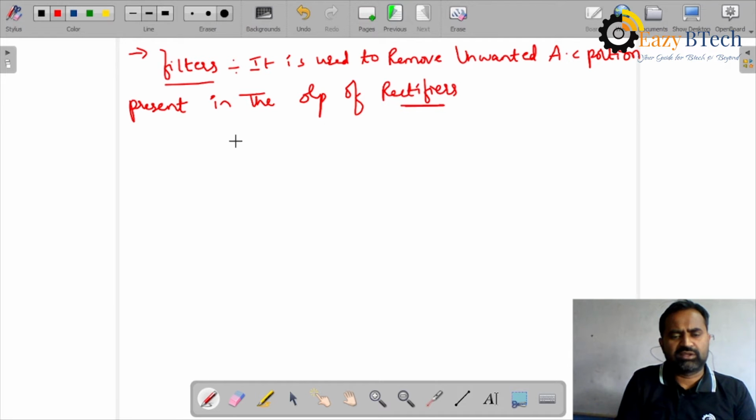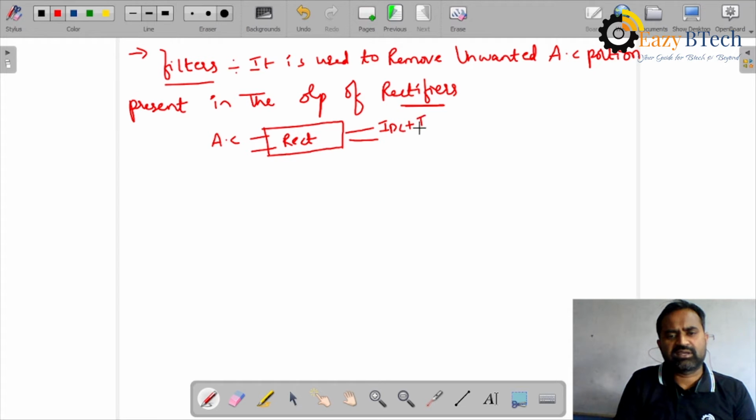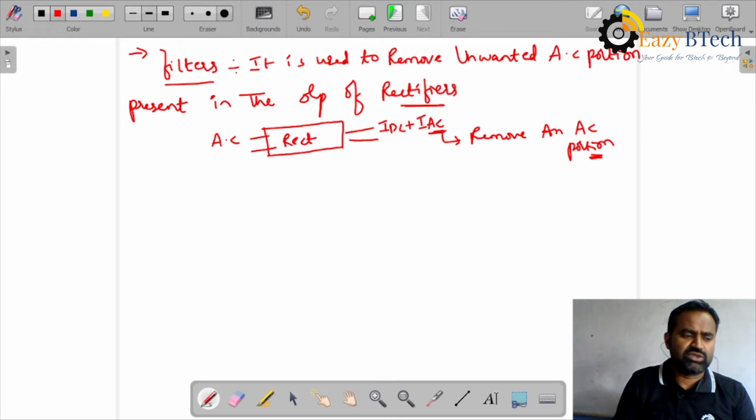Suppose you take an AC input and a rectifier. The output of a rectifier is both IDC plus IAC. This filter section is used to remove the AC portion. This AC portion can be removed using these filters.